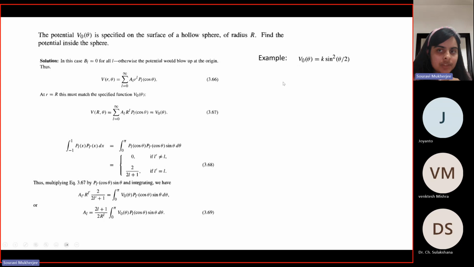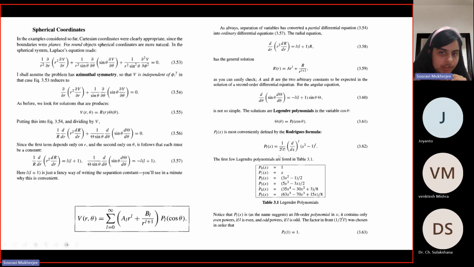So what is that? Basically, this is your potential. We'll try to write it in a simpler form, keeping in mind our expressions for the Legendre polynomials. See, this is how the Legendre polynomials look. P0 cos theta will be 1, P1 cos theta will be equal to cos theta.